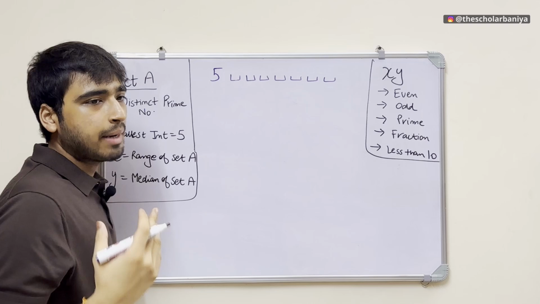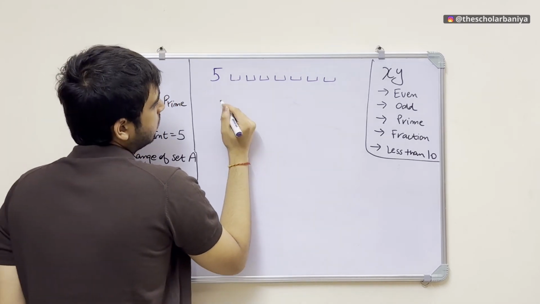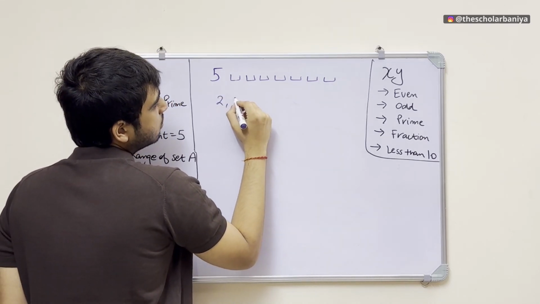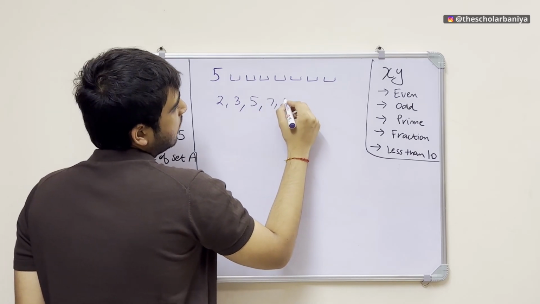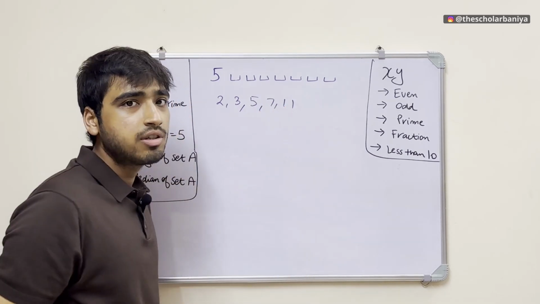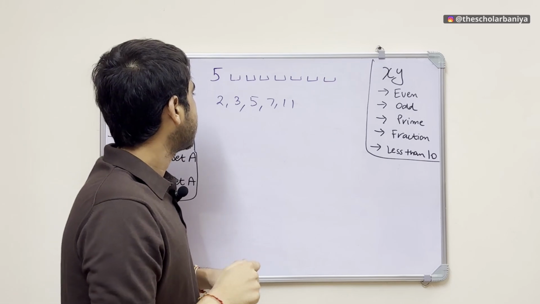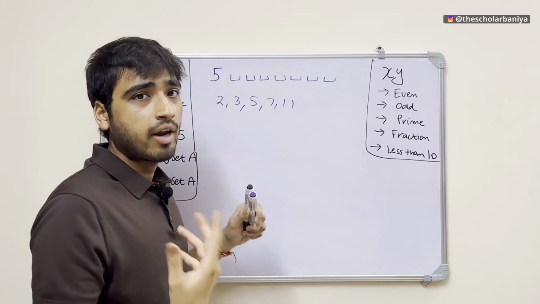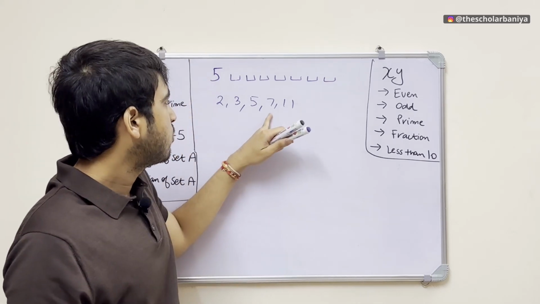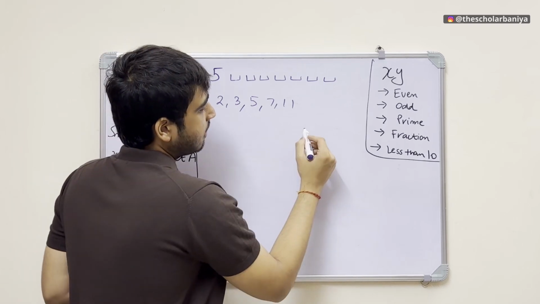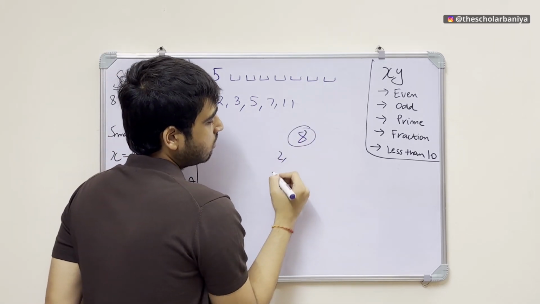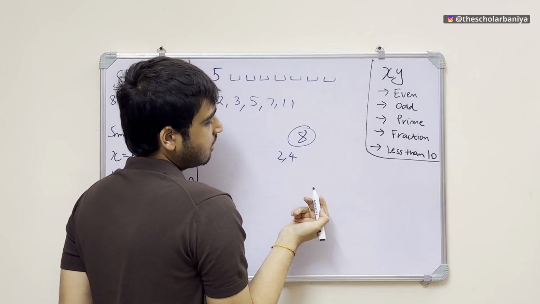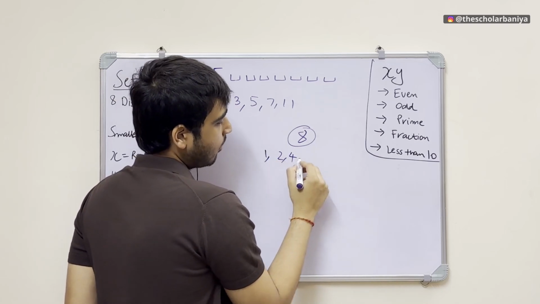For example, prime numbers are numbers like 2, 3, 5, 7, 11, basically numbers which do not have any other factors. If you think about 8, it can be divided by 2 and by 4, and obviously by 1 and by 8.